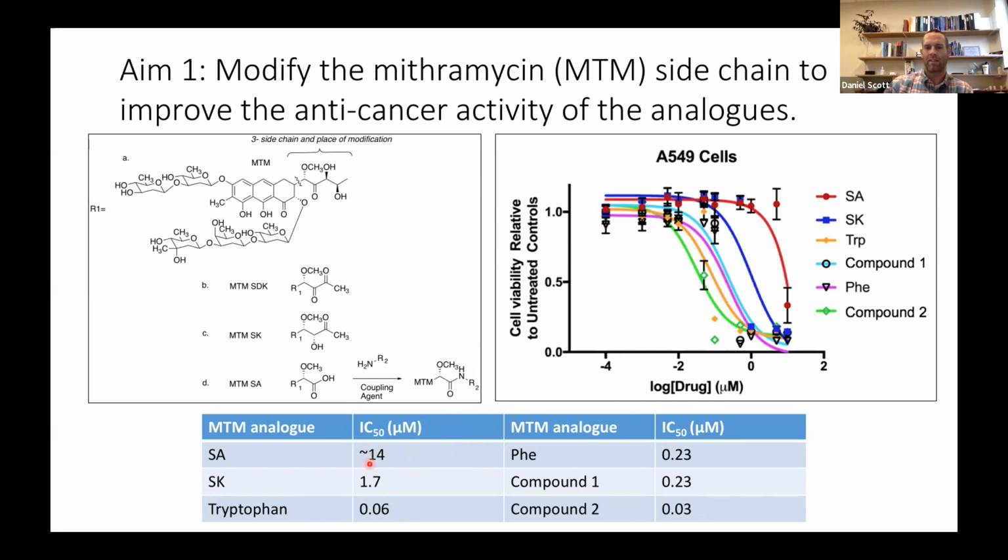Comparing our Mithramycin SA, again, it took a lot of drug to get to the point where we're actually killing some cells. Then we're measuring against our SK, which is our previous gold standard in terms of the different derivatives of Mithramycin we've seen. We're actually able to increase the activity quite a bit compared to the SK with both the tryptophan and the phenylalanine derivatives.